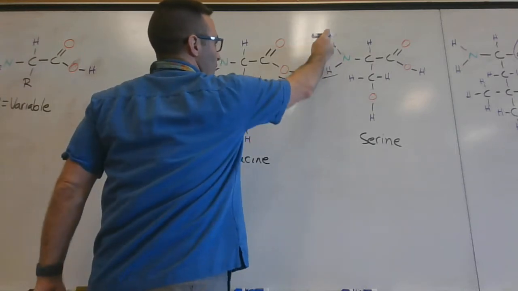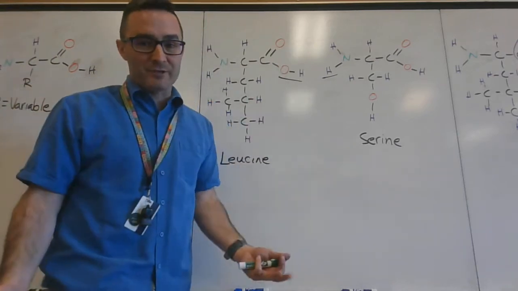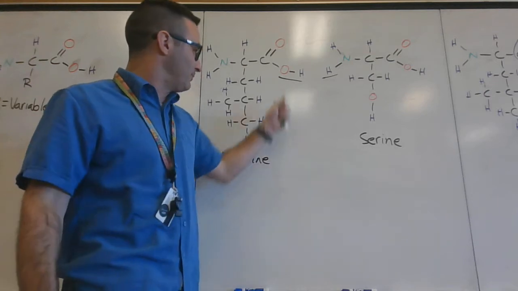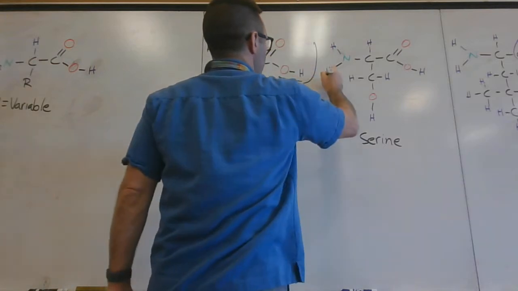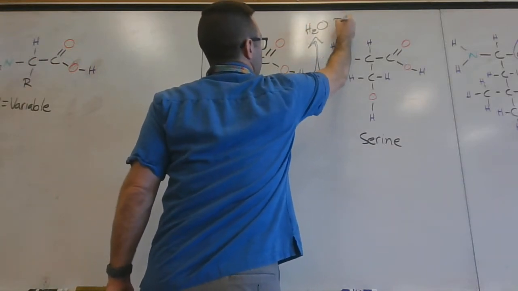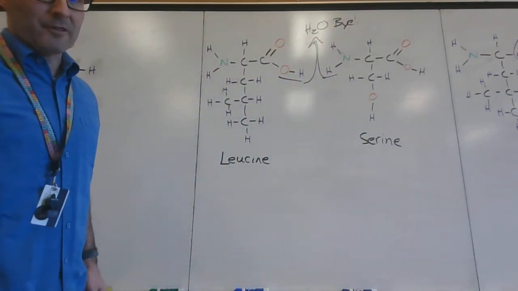Now, again, it doesn't matter which of these two H's you would take. It could be the top or the bottom. Doesn't matter. But you've got to take the OH from the leucine here. You've got to take the H from the serine. Well, if you do it again, that goes bye-bye. Well, now you can link it together.